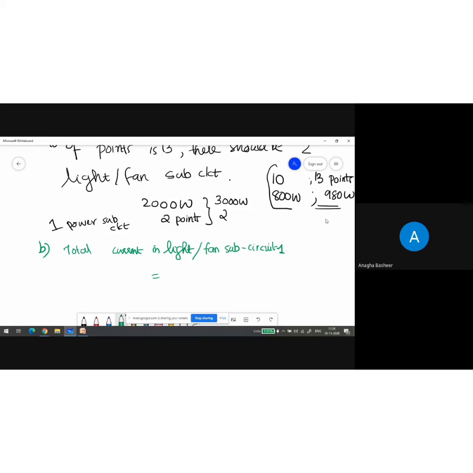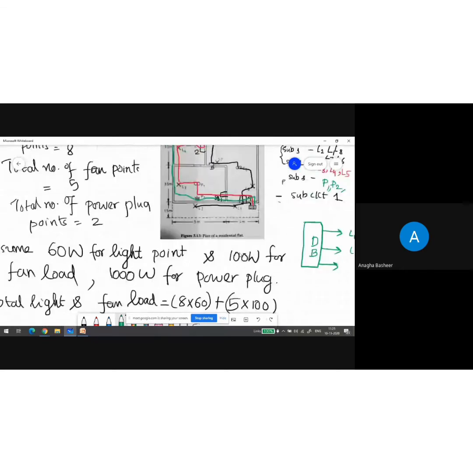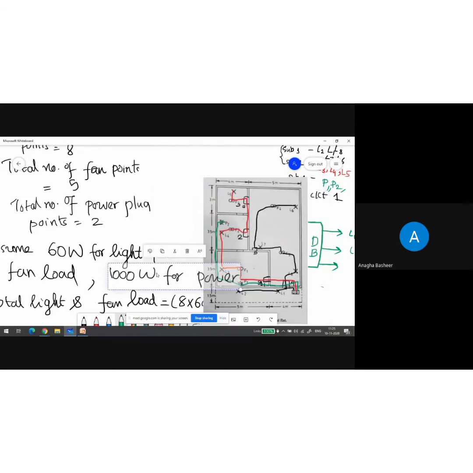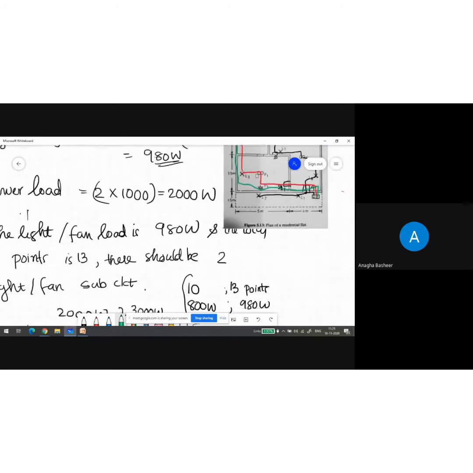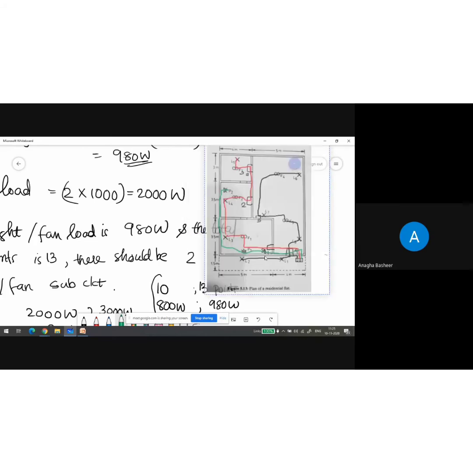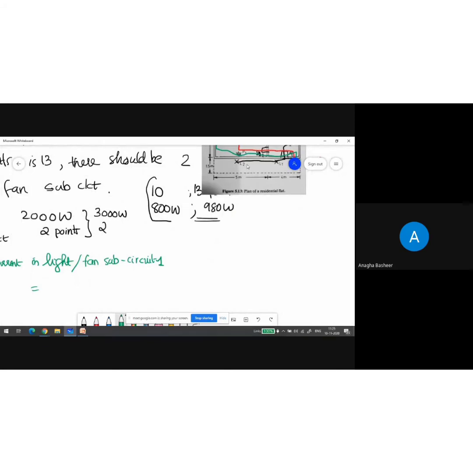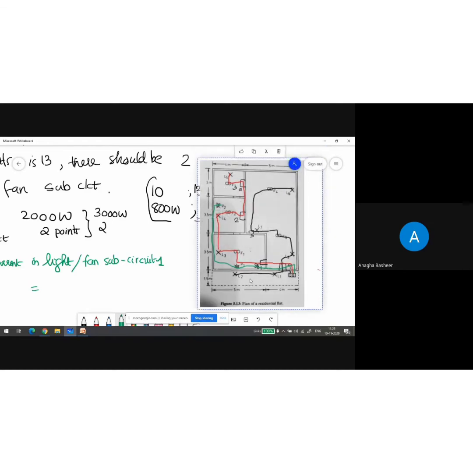In the first subcircuit, you have to count how many points are there. How many lights are there? How many fans are there? See, in the first subcircuit, how many lights are there?